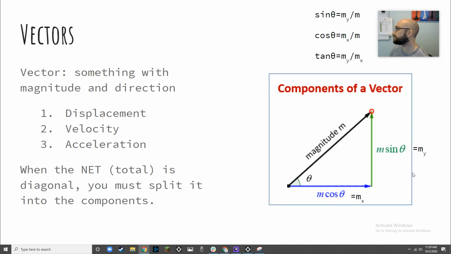This shows you how it works. Sine theta is going to be y direction divided by net. I multiply both sides by net, and that gives me the equation that I have down there. I know that cosine is going to be my x direction divided by net. I multiply both sides by net, and it gives me that x equation that we have written down there. All right, and then tangent.